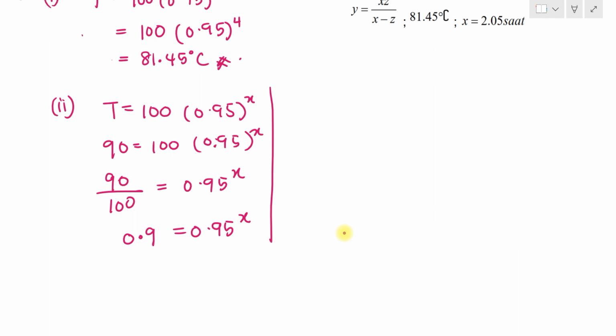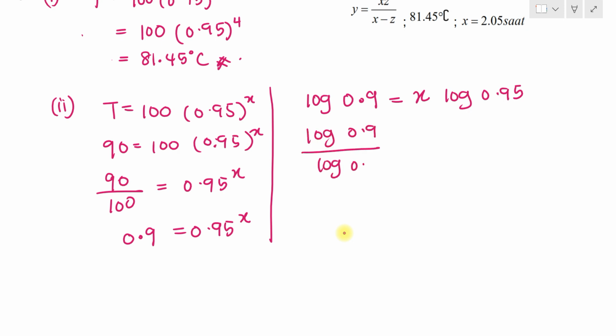So, I add log both sides. You can put log 10 or just ignore it. Doesn't matter actually. Log 0.9 equal to x times log 0.95. So log 0.9 divided by log 0.95 equal to x.